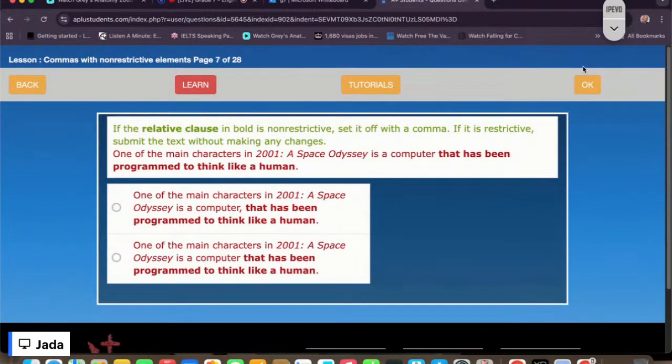All right, one of the main characters in 2001: A Space Odyssey is a computer that has been programmed to think like a human.